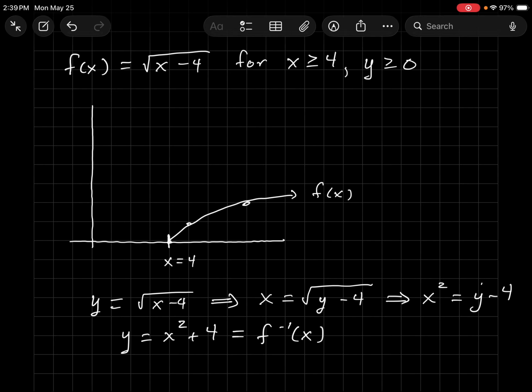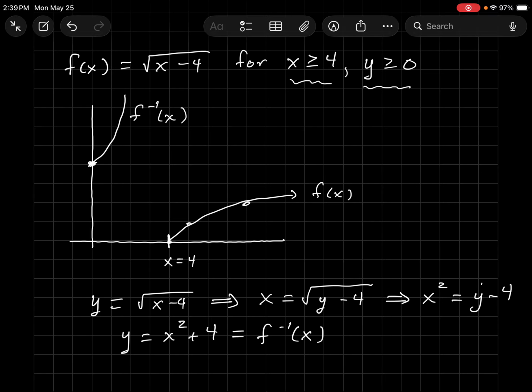And if I were to graph this, and you may recall how to graph parabolas, we'll certainly talk about this formally in a later video. But that would be the graph of x squared plus 4, and notice a couple things. Notice that for the function, x was greater than or equal to 4 and y was greater than or equal to 0.